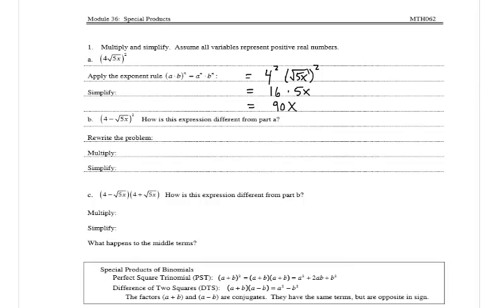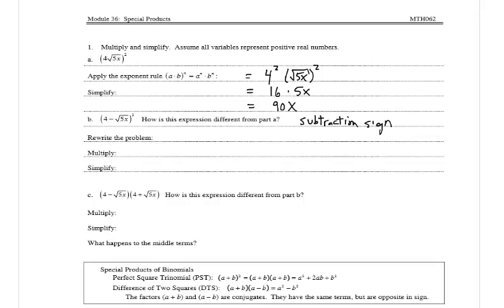In B, we have 4 minus the square root of 5x squared, and they ask us, how is this expression different from part A? And it's different from part A because of the subtraction sign. So we're going to have to FOIL this to square it instead because of this negative sign here.